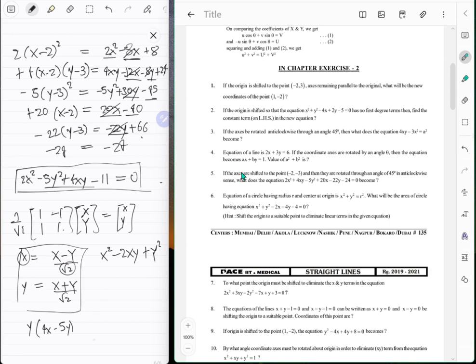So this will be like x plus y upon square root 2 times 4x minus 5y. So 4x minus 5x is just minus x. Then minus 4y minus 5y, that's minus 9y, that upon square root 2. I think that's better. It's going to be negative.